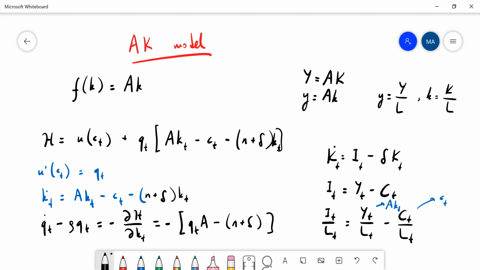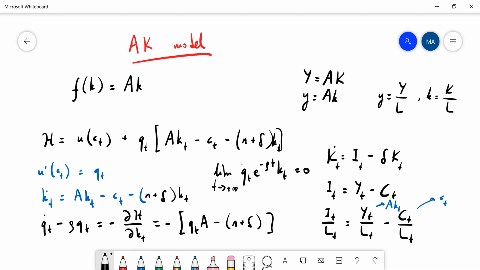Then you will have the transversality condition: the limit of Q T times e to the minus rho t times K T equals 0. Okay, so this is pretty standard.